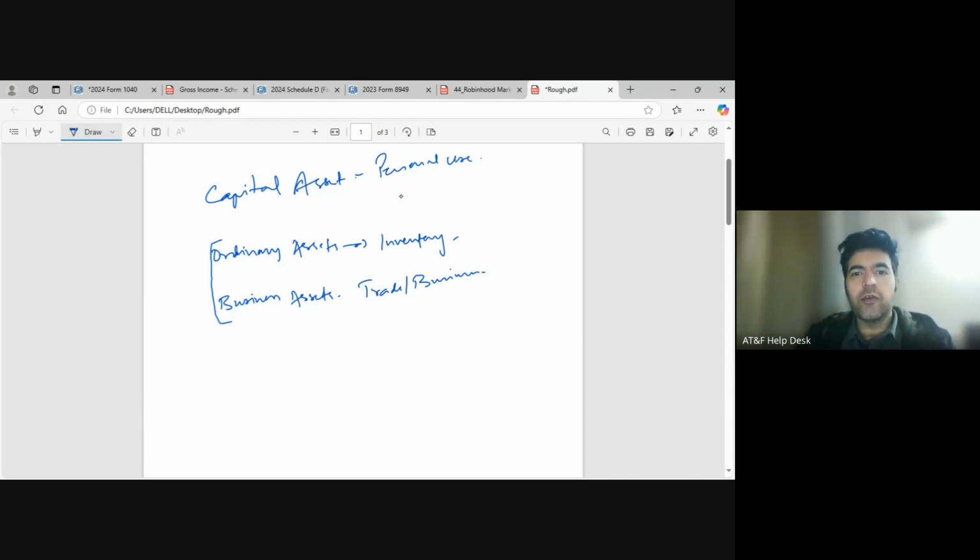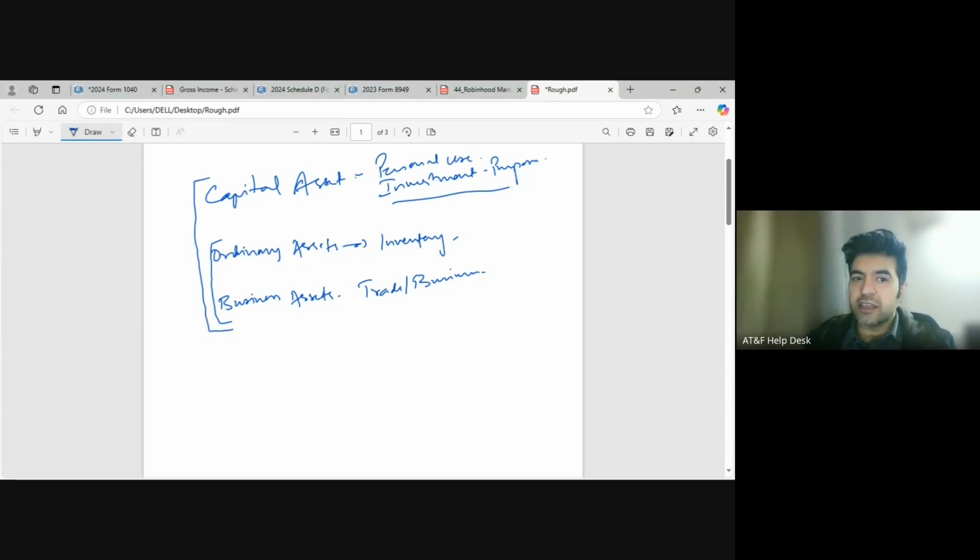Or if you have purchased the asset for investment purpose only. So for an individual, it can be personal use and investment purpose. For a company, obviously, there might not be a personal use, but there will be an investment purpose. So that's how the assets are segregated.